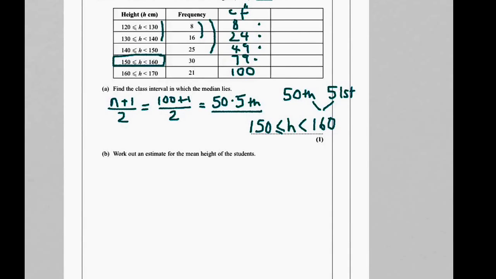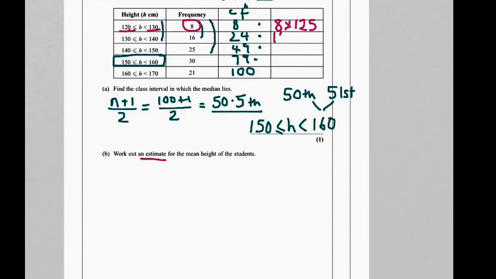I need to find out the total height of the students, but these 8 people, I can't say that they were 120 centimetres because that will be an underestimation, and nor can I say that they're 130 centimetres because that will be an overestimation. Instead, I'm going to say that those 8 people were each 125 centimetres, and that's why it's an estimate, because I'm not actually getting a total value.